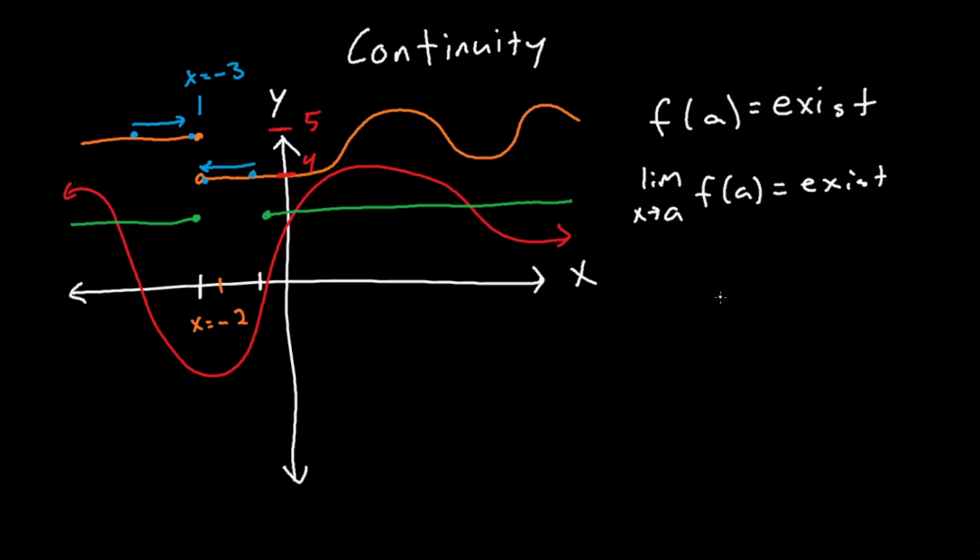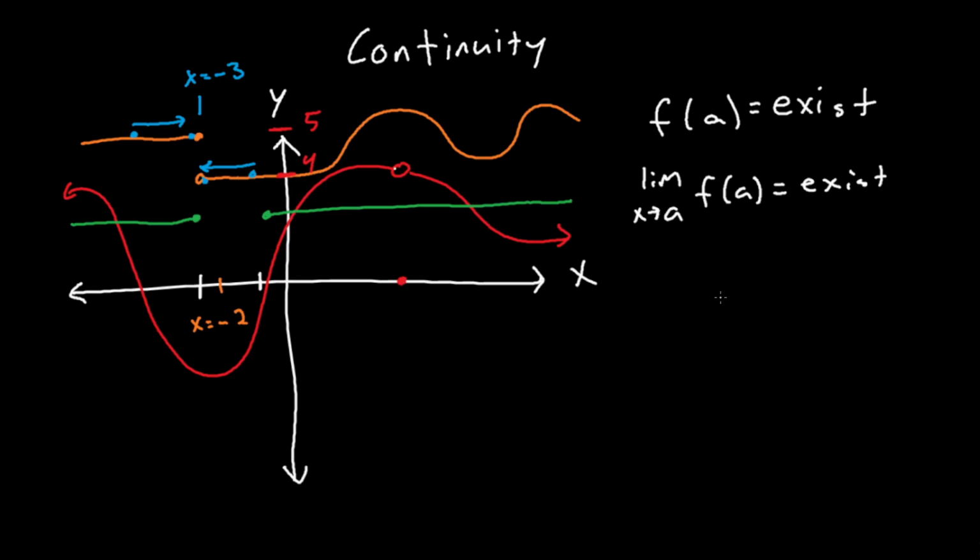And what else do we have? We have one more condition. What is that condition? Well, I'll give you a little hint using our graph here. Let's say there was a hole here, but there is a defined point on this function.